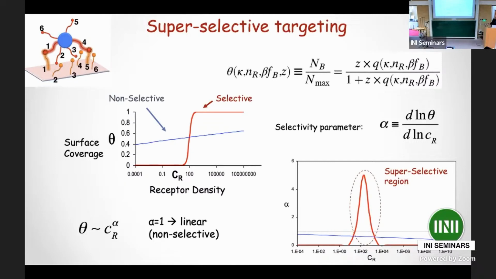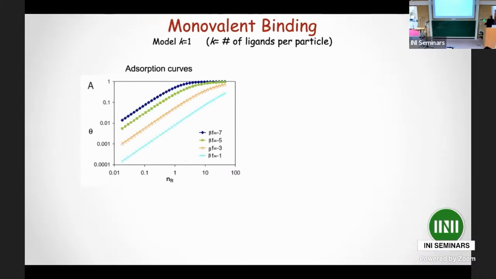The more negative it is, the more binding it is. Well, of course, if it's positive, then you don't have binding. So we only study negative here.